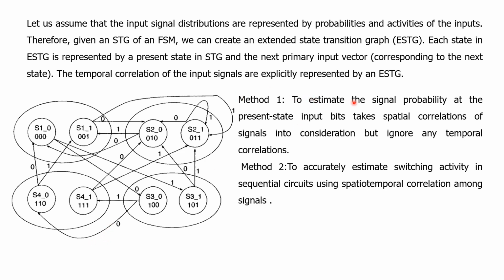Method 1: estimate the signal probability at the present state input, which takes spatial correlation, that is, with respect to space, and time of signals into consideration, but ignores any temporal correlations. Method 2: to accurately estimate switching activity in sequential circuits, use spatio-temporal correlation among signals.